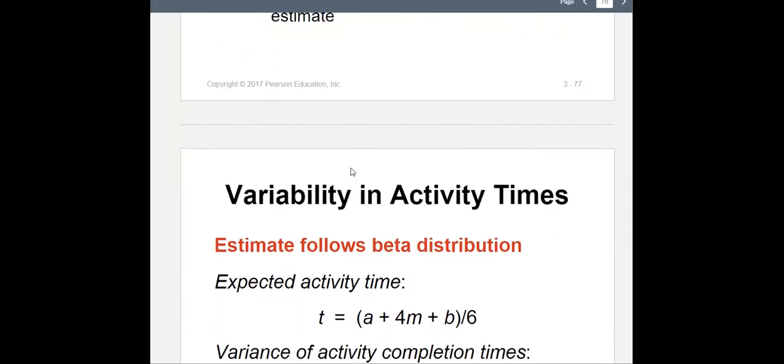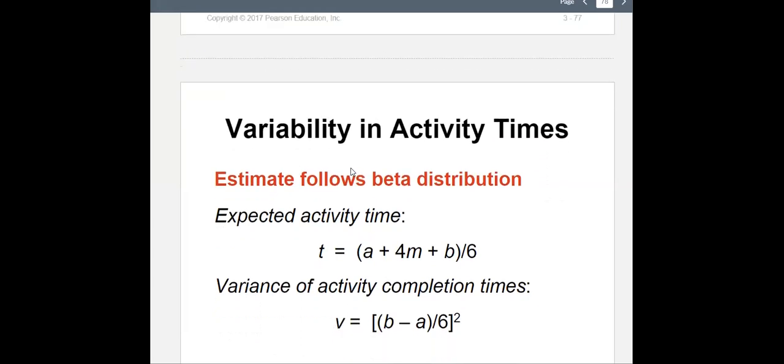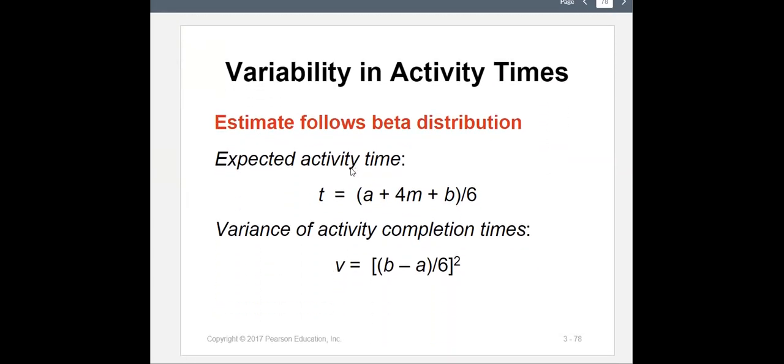Now let's say that these numbers are given to us. Of course, on exams and homeworks, A, M, and B are given. All you have to do is calculate the expected value and variance, and later the standard deviation. The expected value of activity time has a formula. Let's say A, M, and B are given to you. You just add A plus 4 times M plus B, divided by 6.